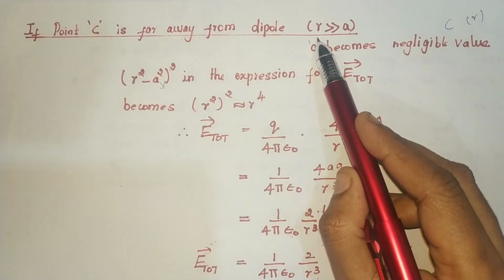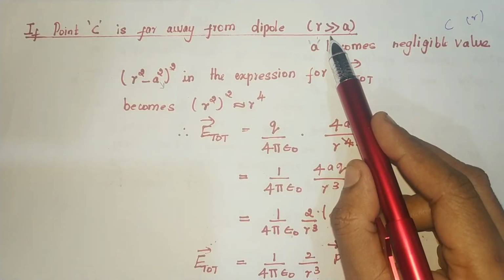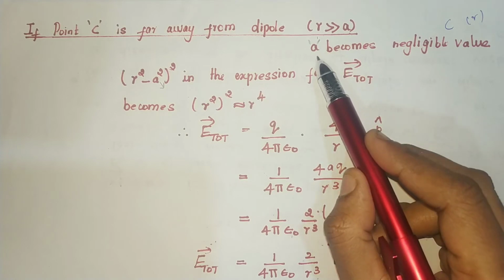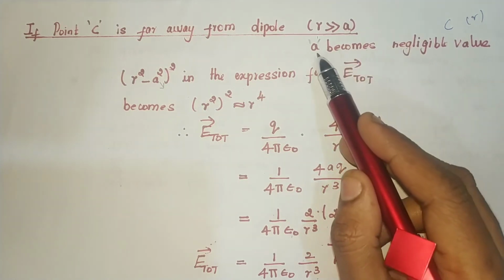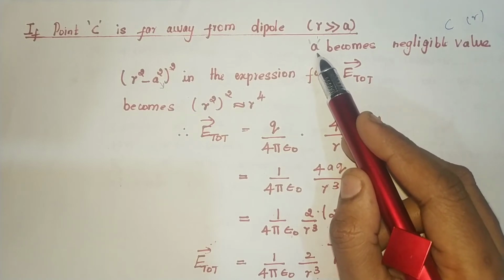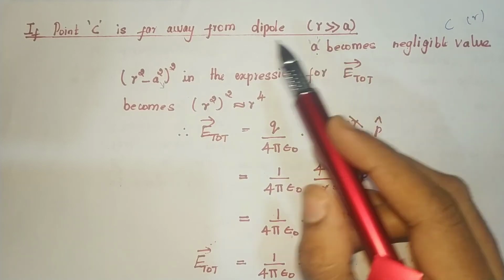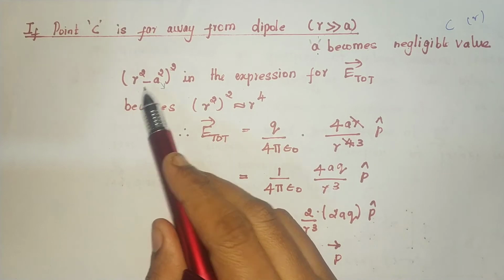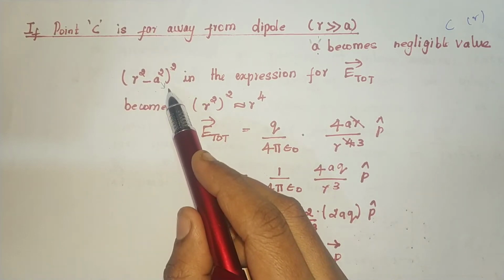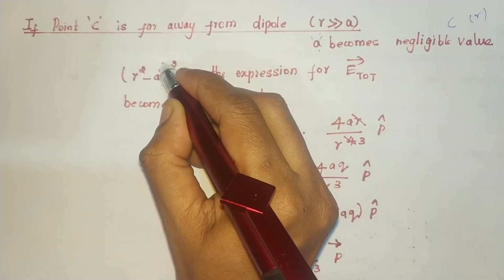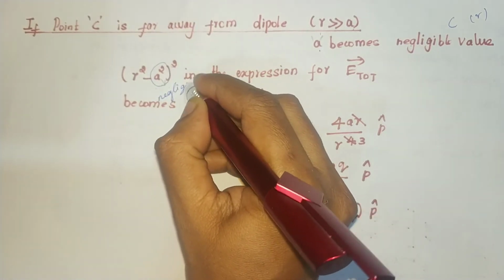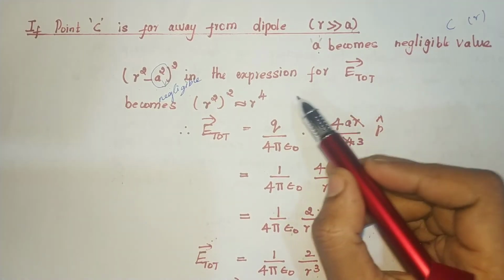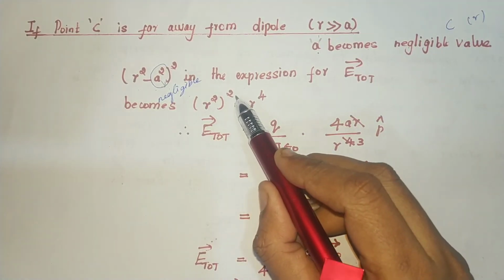இப்போ that distance R is very much greater. அப்போ A உடைய வேல்யூ என்ன ஆகும்? It becomes very negligible. That is, A is the distance from the origin. அப்போ நம்ம எக்ஸ்பிரஷனில் (R² minus A²)² எக்ஸ்பிரஷனில் A² value becomes negligible. அப்போ (R²)² என்ன ஆகும்?